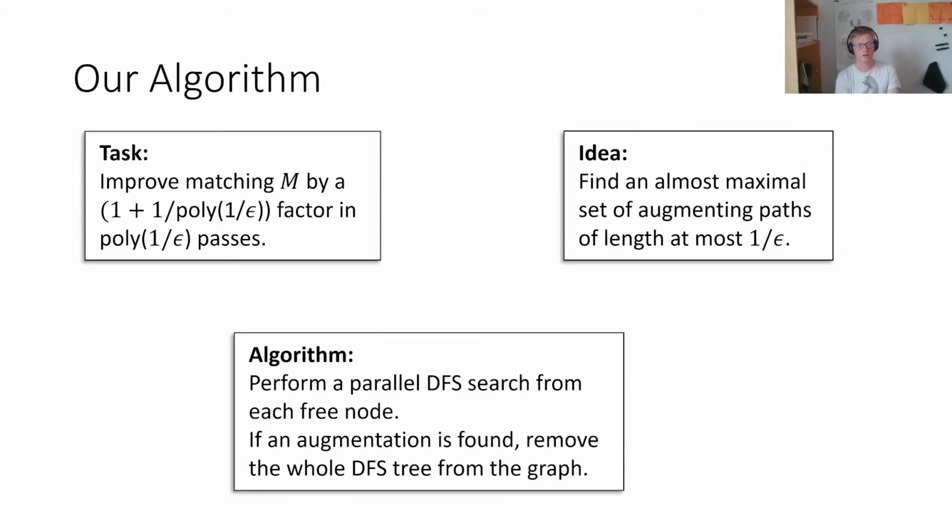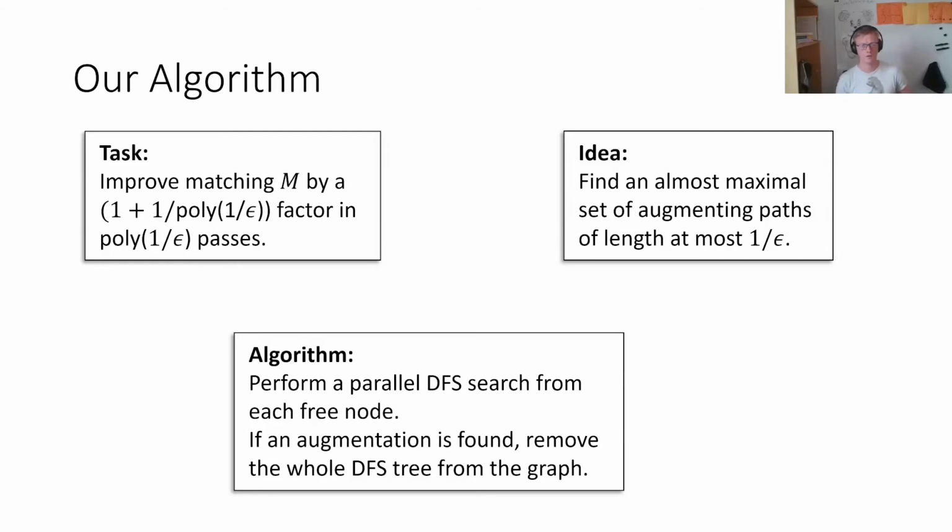And again, inspired by previous work, the goal is to run a parallel DFS search from all of the free nodes. A free node is one that is not yet matched. Then, if we find an augmentation, we remove the augmenting path from the graph, which corresponds to fixing it into the maximal set, and we don't want to find any other paths that intersect with this found augmentation.